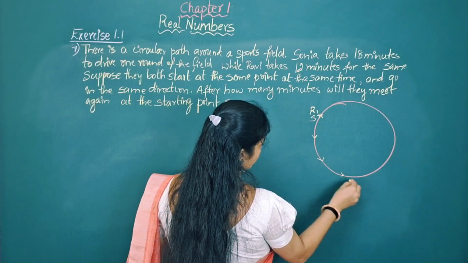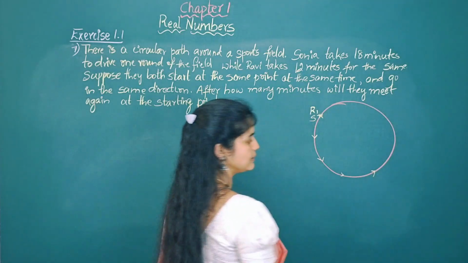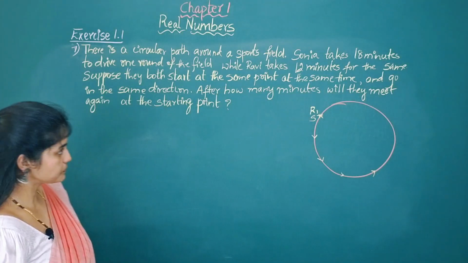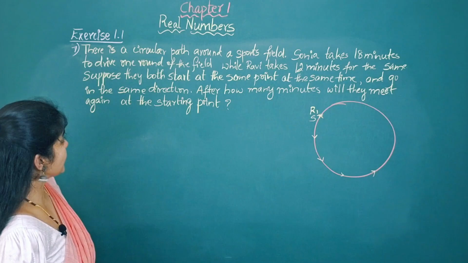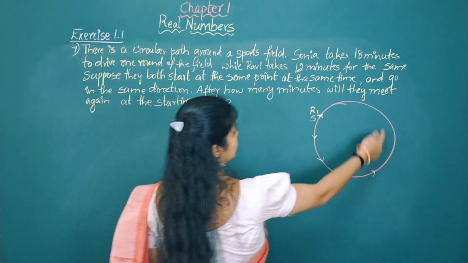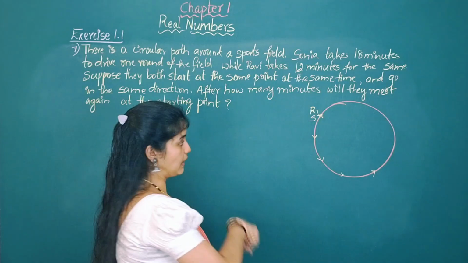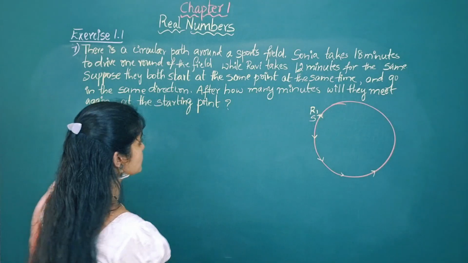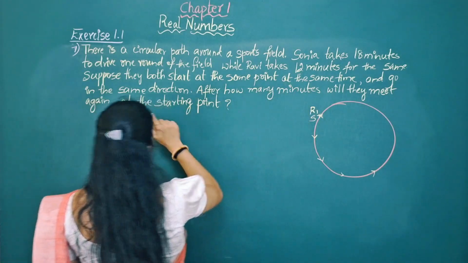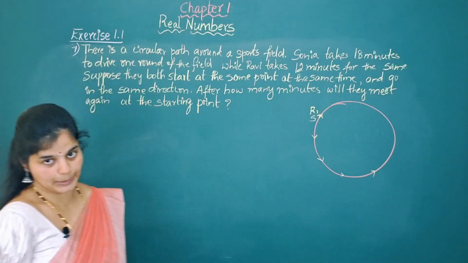Sonia takes 18 minutes and Ravi takes 12 minutes to cover that circle once. Okay. Now the question is, after how many minutes will they meet again at the starting point?